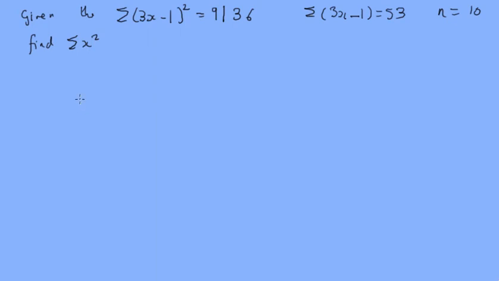So first we find the mean. We know that the coded values are 1 less than 3 times the mean.